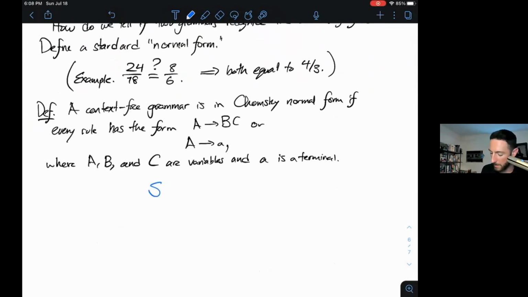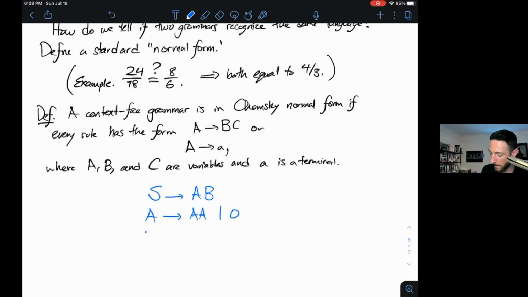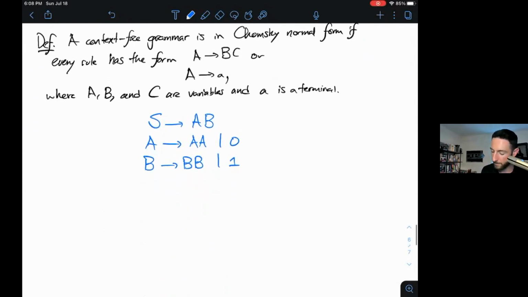Perhaps we go from S to AB, and then A goes to 2 A's, or it goes to 0, and B goes to 2 B's, or it goes to 1. So in this case, this grammar is now in Chomsky normal form because every variable either goes to two variables or it goes to one single terminal. And you can see why this would produce some number of zeros followed by some number of ones.